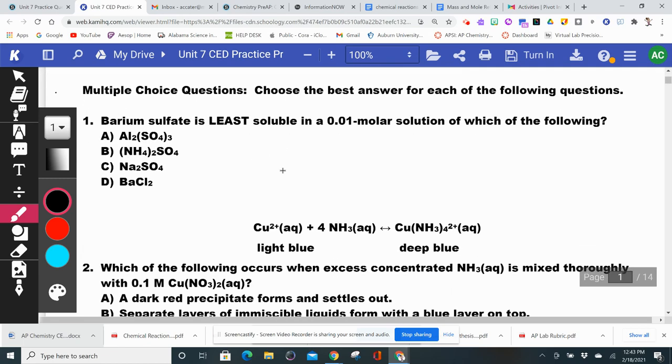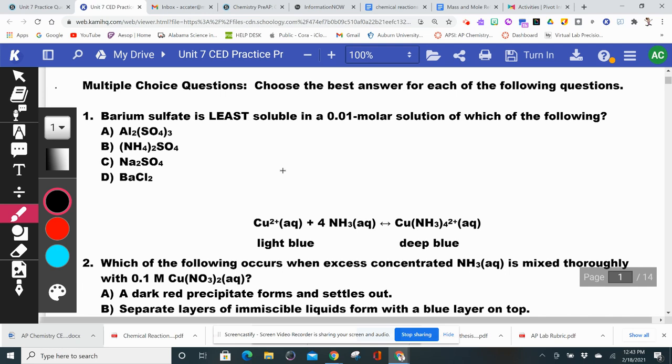Number one. Okay, barium sulfate is least soluble in a 0.1 molar solution of which of the following? Okay, so with that, we're talking about barium sulfate, which is normally not a soluble thing anyway. If you put barium sulfate in water, most barium compounds don't dissolve in water.